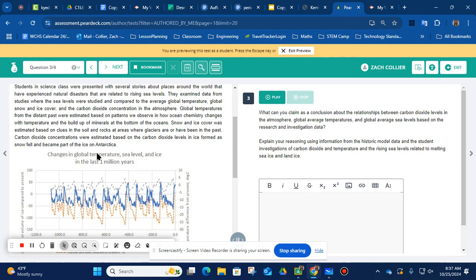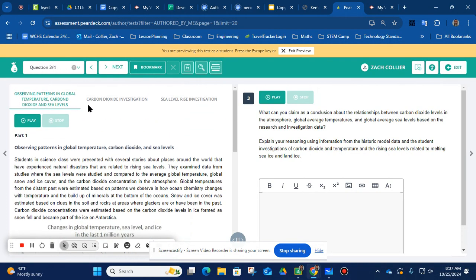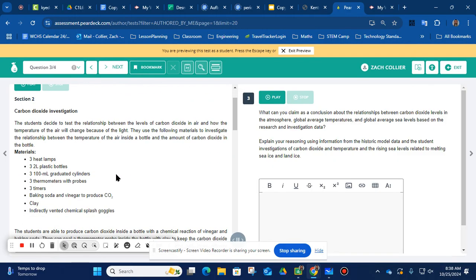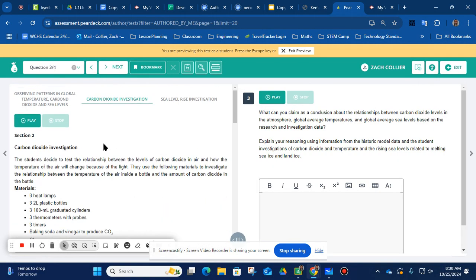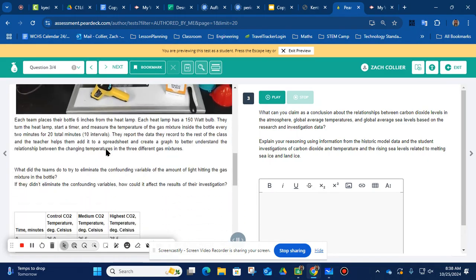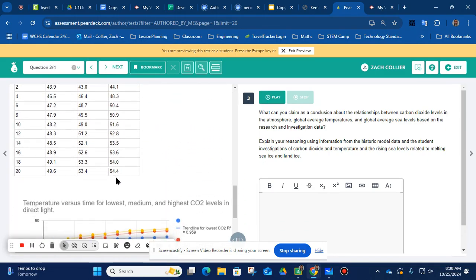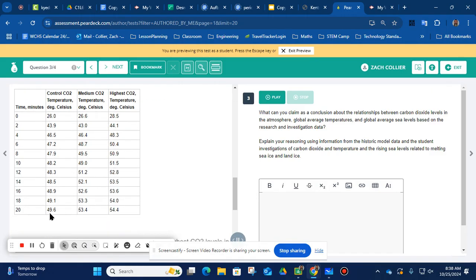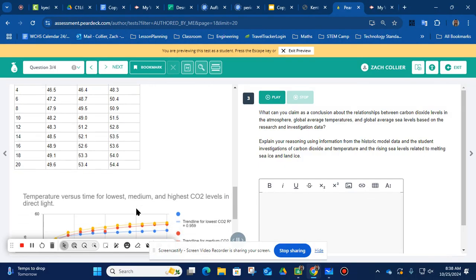So you've got temperature on one side, carbon dioxide numbers on the other, and the temperature fluctuations up and down. Then you've also got carbon dioxide investigation data, and you need to use information from this as well. The actual data shows, for instance, that the higher the CO2 is in these situations, the hotter the bottle will get.